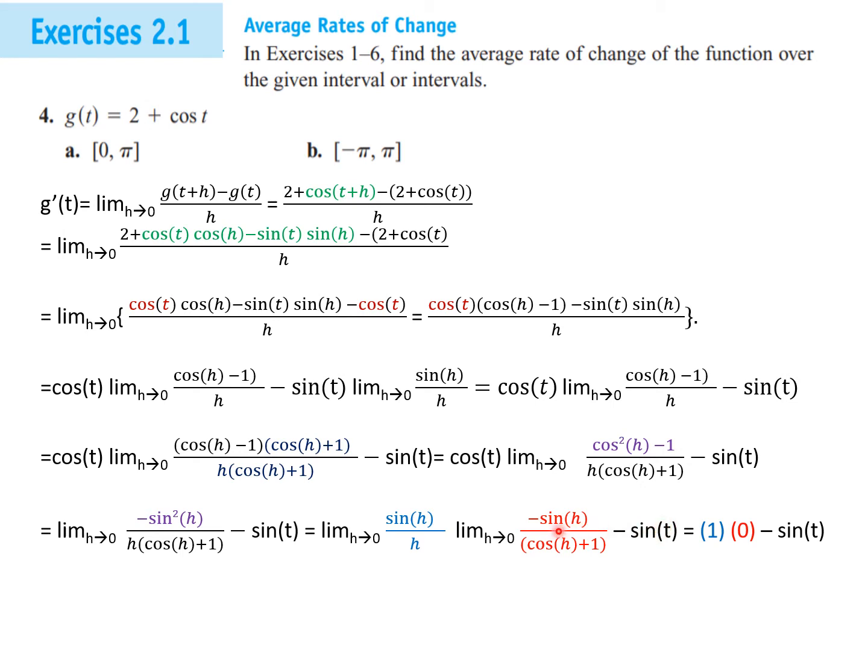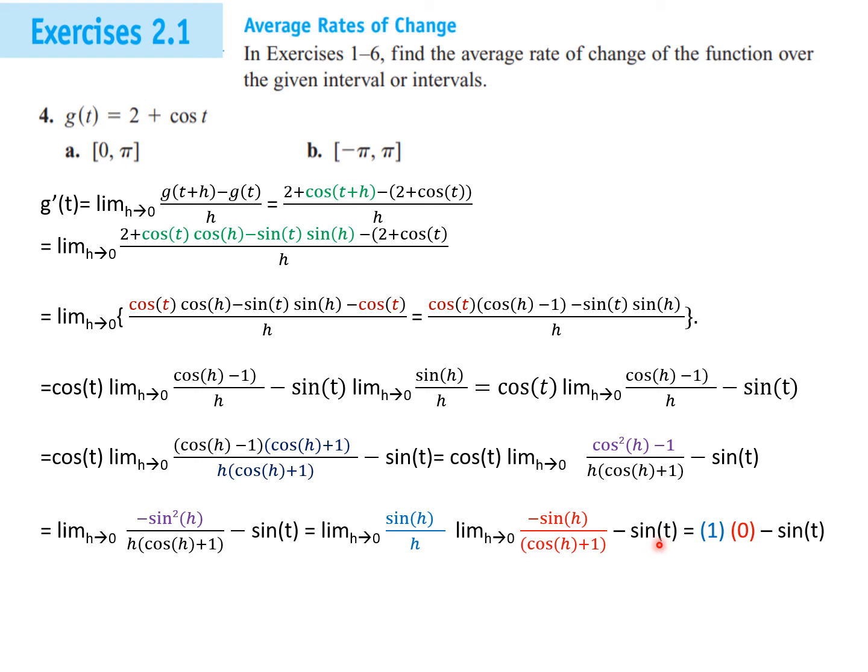Now if we apply the limit, then we know that limit of sine 0 is going to be equal to 0. And then the denominator will be equal to 1 plus 1, which is 2. So 0 divided by anything is 0. This term is gone. The only term that is left for us is minus sine t.